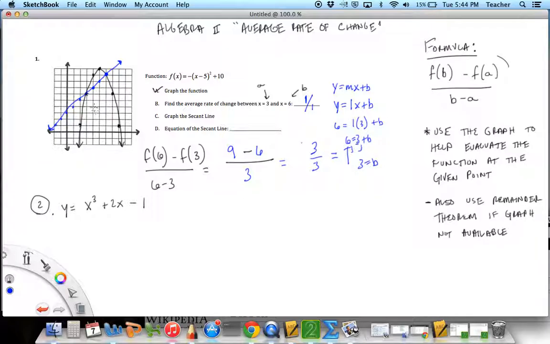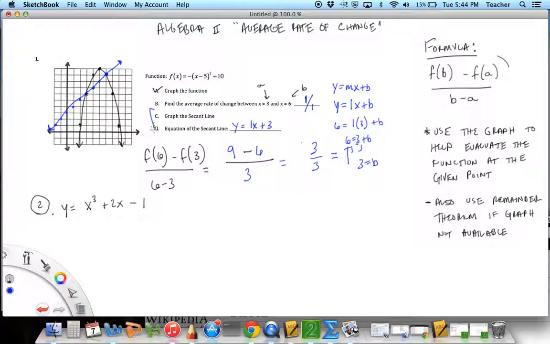And you'll also notice that it crosses the y-axis. b is the y-intercept. It crosses the y-axis at 3. So you could have also looked at your graph there. And so my equation of the secant line is y equals 1x plus 3. So that is the line that goes through those 2 points on your graph.